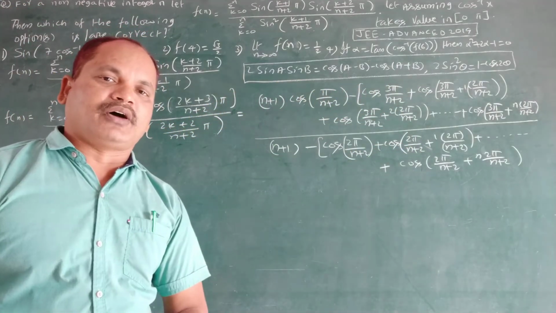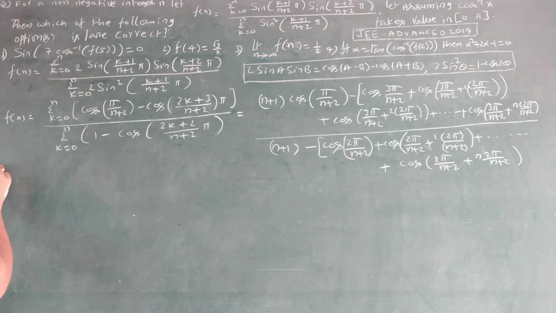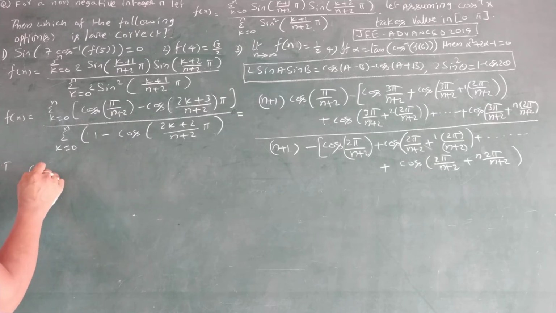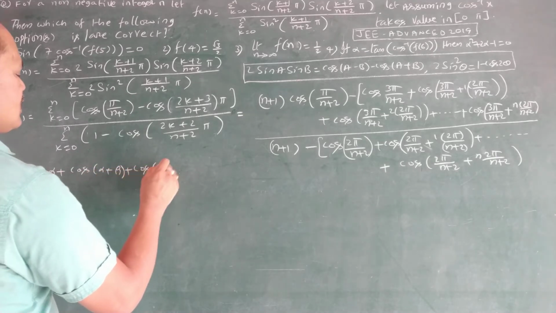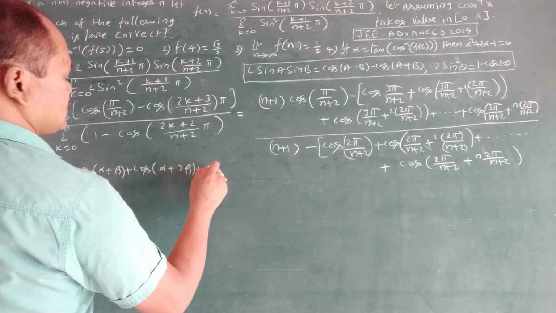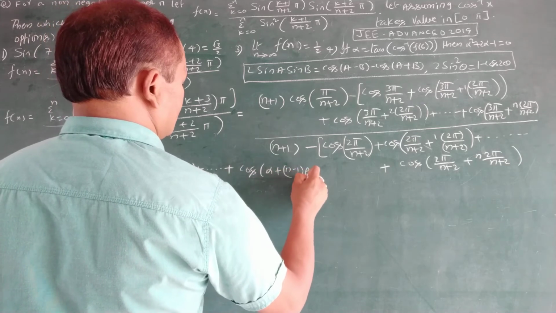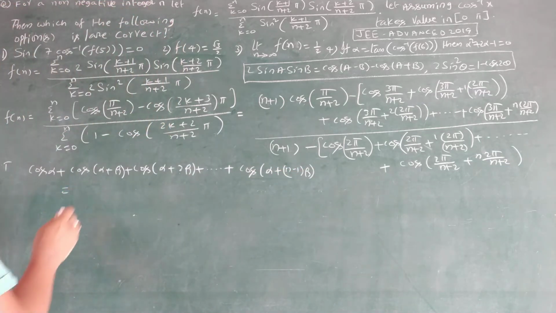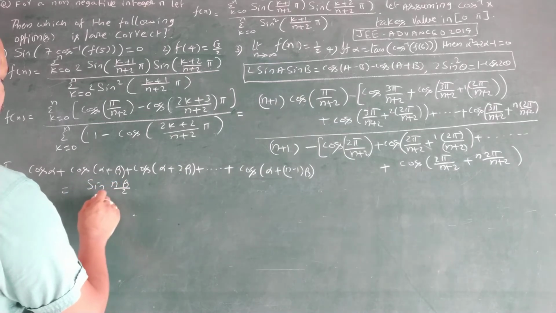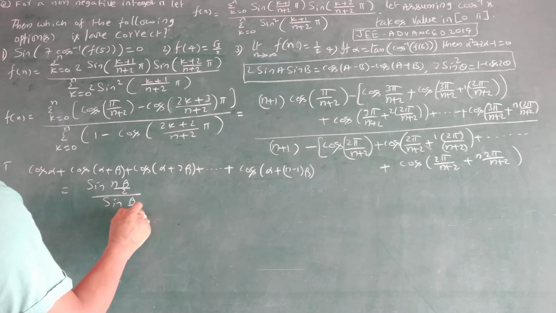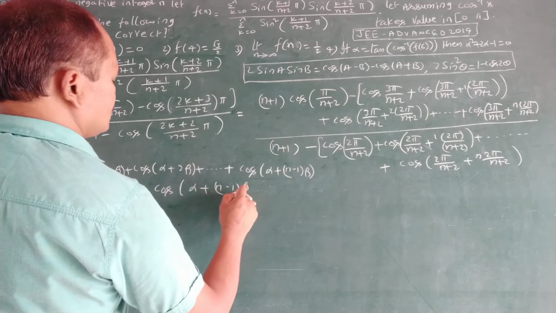Now this depends upon a formula, a very important formula especially for this problem. We know that cos(α + β) + cos(α + 2β) + ... + cos(α + (n−1)β) = [sin(nβ/2) / sin(β/2)] · cos(α + (n−1)β/2).